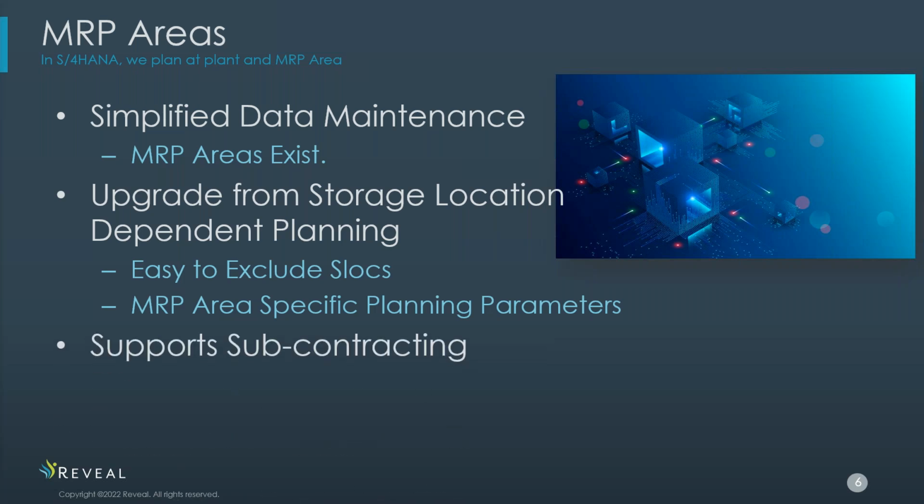The other note on this is that MRP areas, just as they do in ECC, support subcontracting. However, the difference is if you are not using an MRP area in S4HANA for subcontracting, you no longer get the differentiation between what you have at your plant and what you are supplying to your subcontractor in terms of your MRP signal.